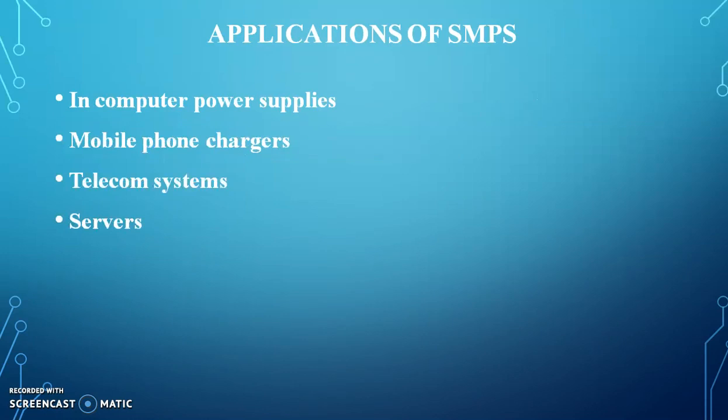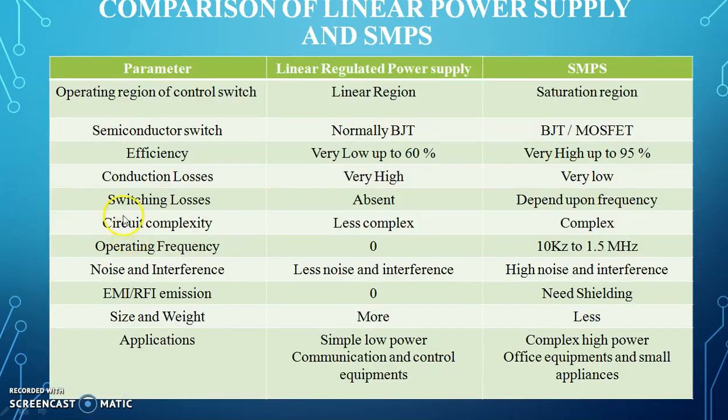Next is the applications of SMPS. SMPS is generally used in computer power supplies, in mobile phone chargers, in telecom systems, and also in the servers. We have the comparison of linear power supply and SMPS.